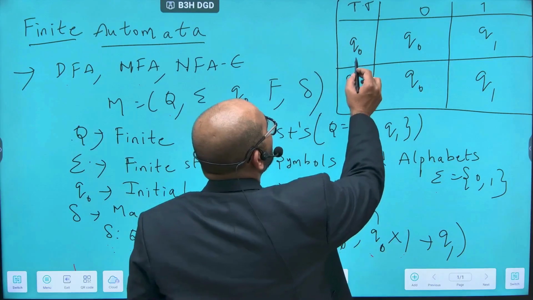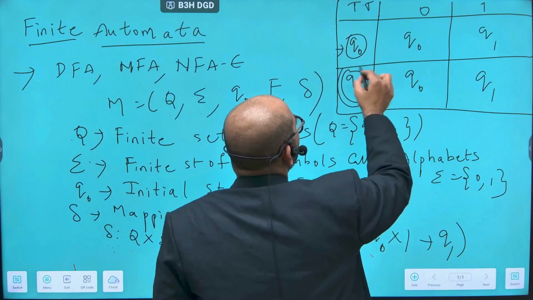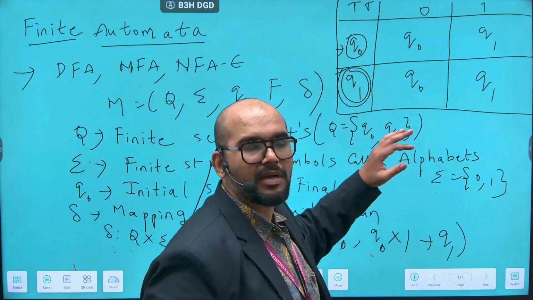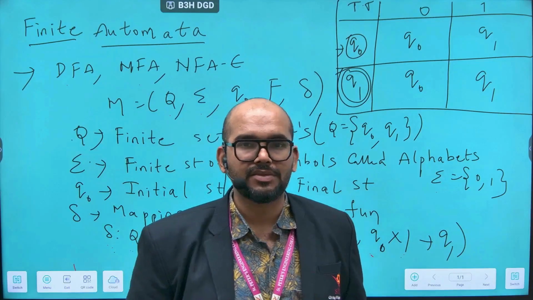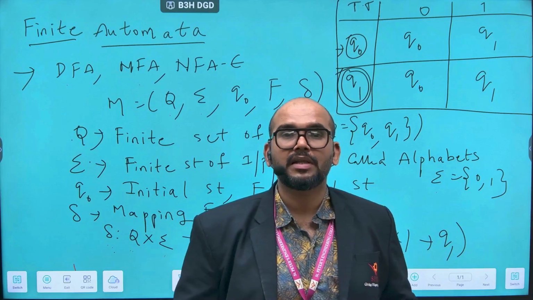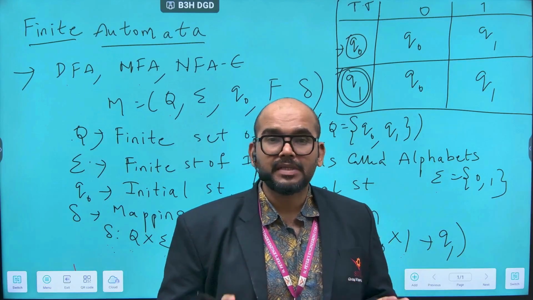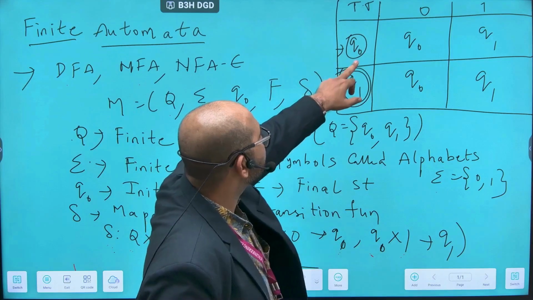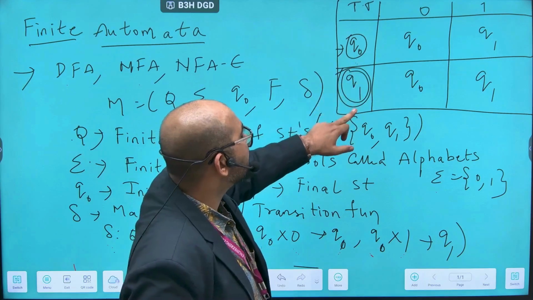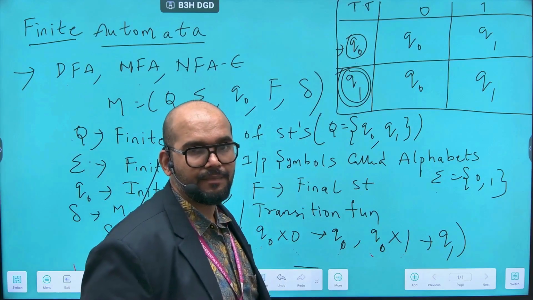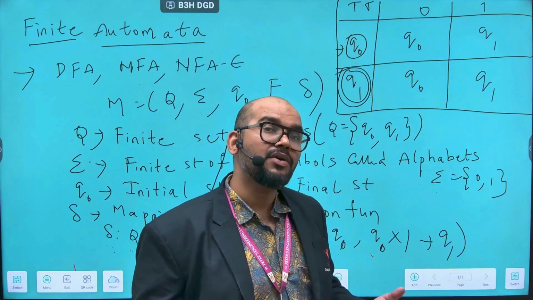So as already discussed, within a finite automata, that can be anything, NFA, DFA, NFA with epsilon transitions, pushdown automata, or linear bounded automata, whatever that may be, we represent an initial state with a circle with an arrow pointing to it, and we represent a final state with a double circle. Okay, sometimes your initial state can be your final state also.